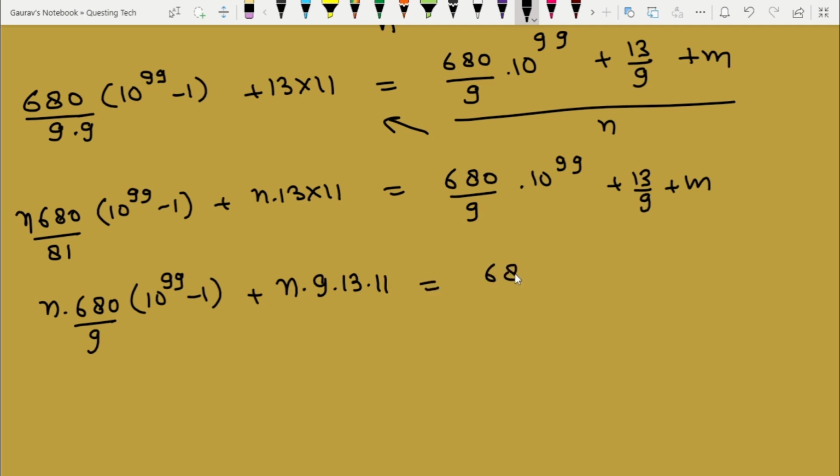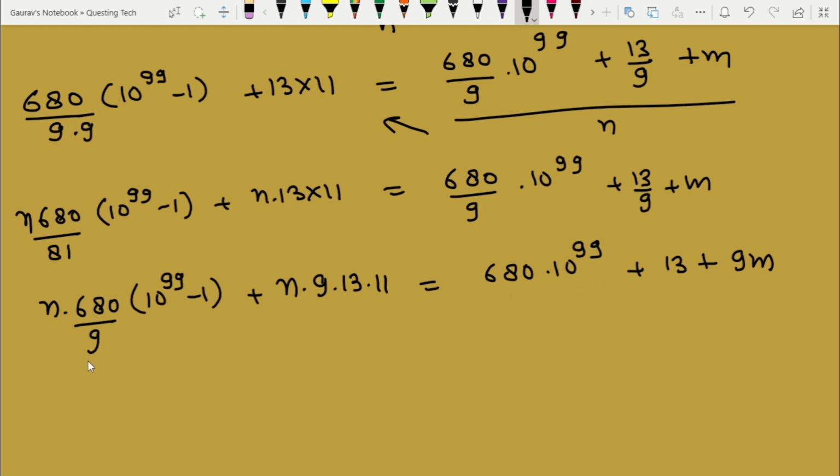This equals 680 times 10 raised to power 99 plus 13 plus 9m. So this is 680 multiplied by 10 raised to power 99 minus 1, and this is 680 multiplied by 10 raised to power 99.